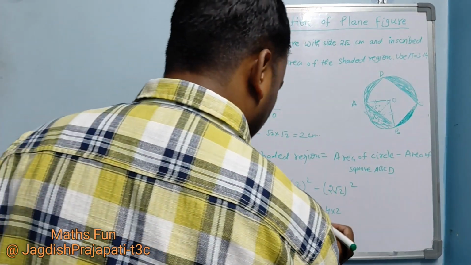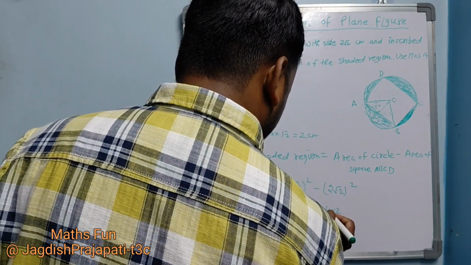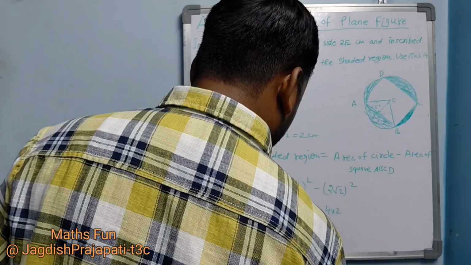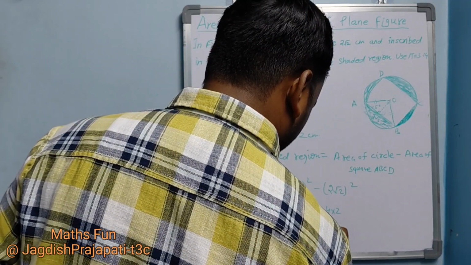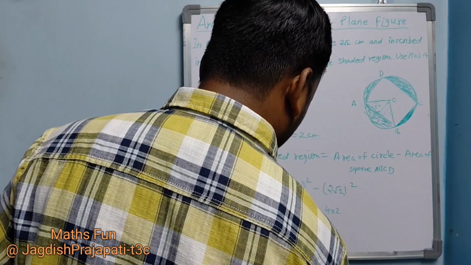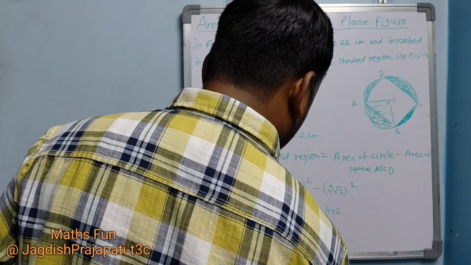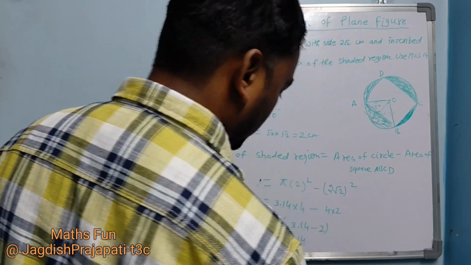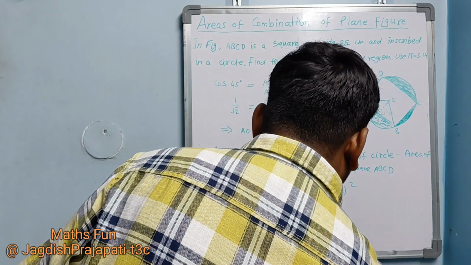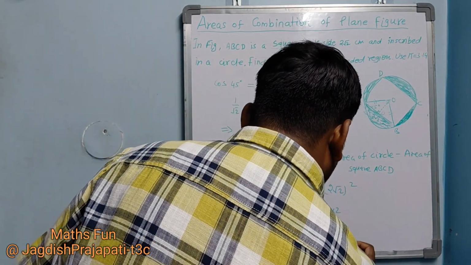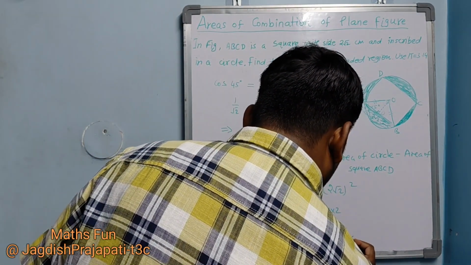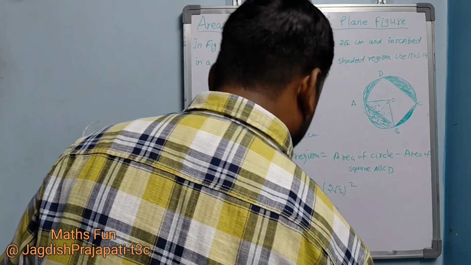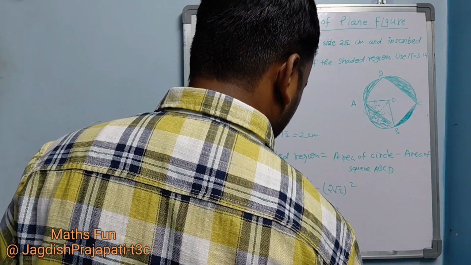So 4 will be outside, 3.14 minus 2. So 4 into 1.14, or 4 fours are 16, 4 ones are 4, 4 and 1 is 5, 4 ones are 4.